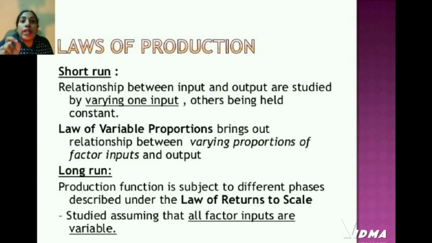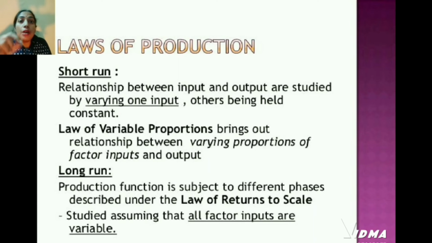Okay. So now, what is the law of production? In the short run, the relationship between the output and input is studied by varying one input, other things being held constant. Here in the short run, we study the law of variable proportions that brings out the relationship between the varying proportions of the factors of inputs and output.